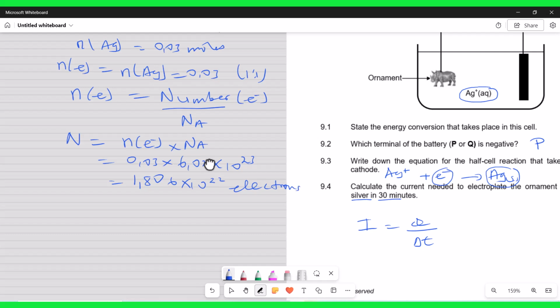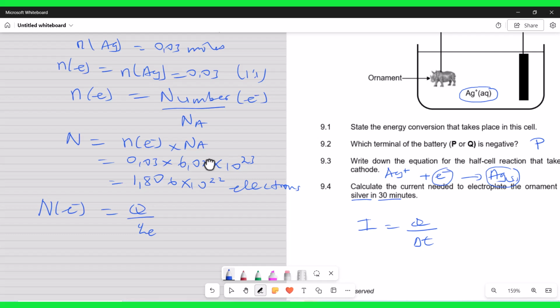Remember, I'm looking for the charge. Another formula we know: capital N, the number of electrons, is equal to the charge divided by the electronic charge.